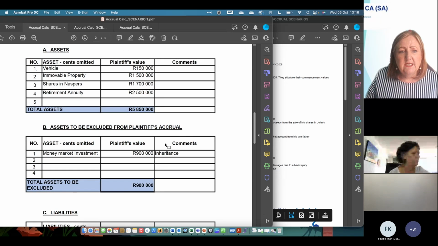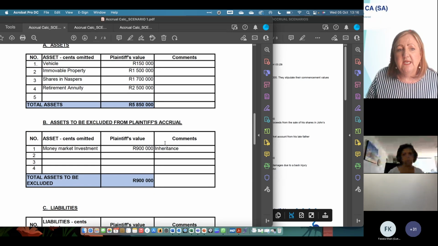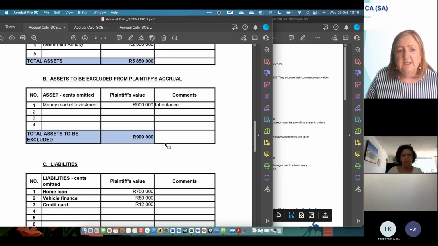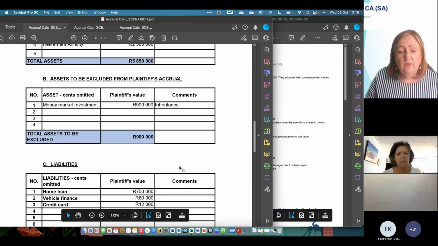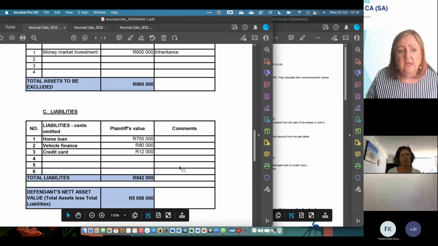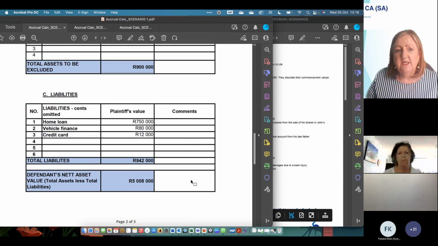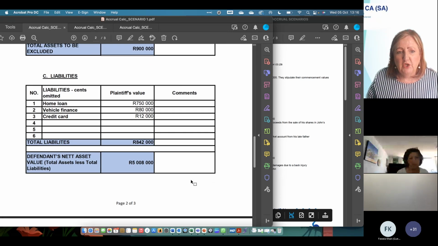Then the next section is the assets that are excluded from the joint estate, which is the inheritance of 900,000. And thirdly, we list the liabilities, the home loan, the vehicle finance, and the credit card, which then gives us the 5 million, the net asset value of John.